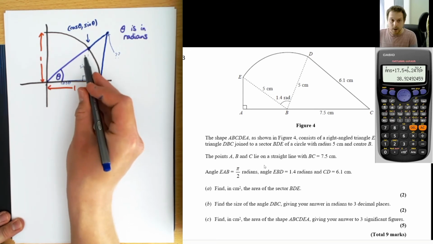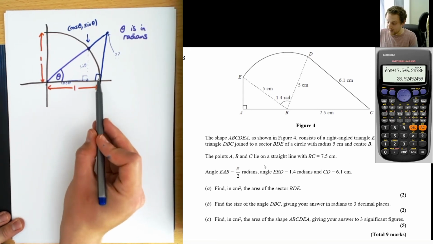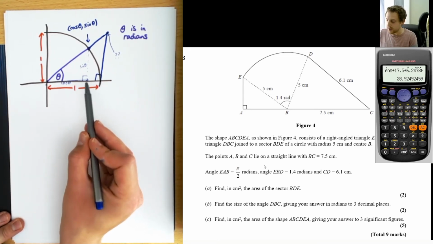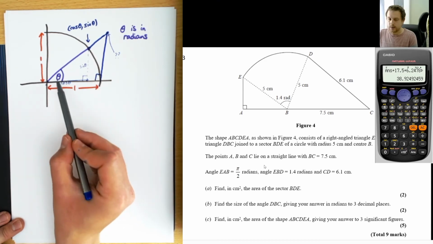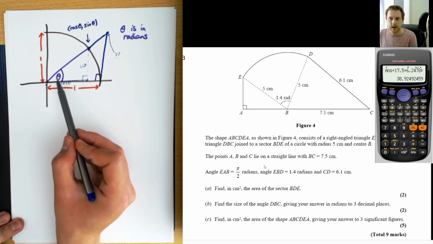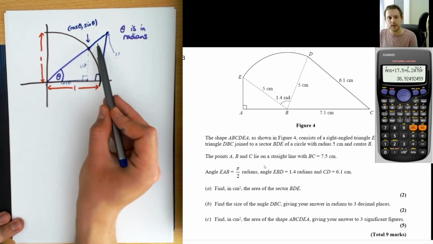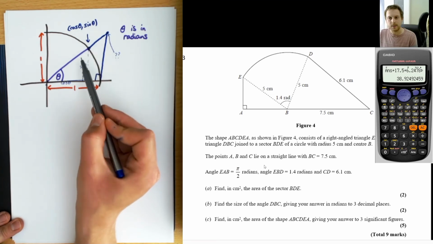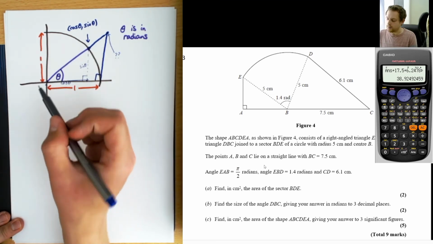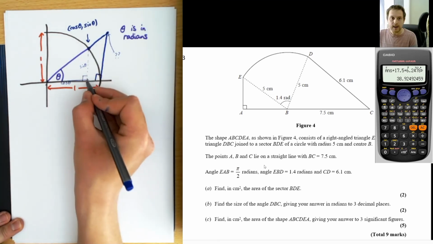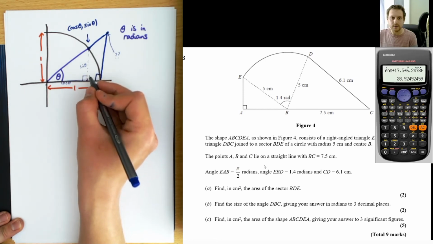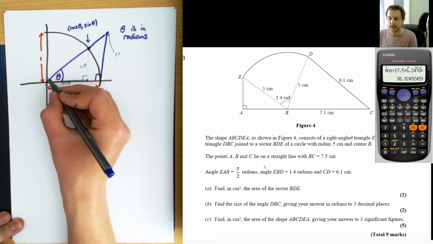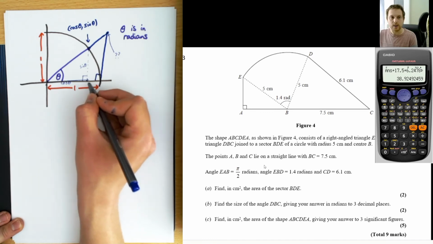So angle, angle, angle, it's 90 degrees just like this one is. So they're both 90. They share that theta, they literally share it, so they certainly have that angle in common, and therefore these two angles are the same as well. Okay, so by angle, angle, angle, this triangle here is similar to this triangle here.